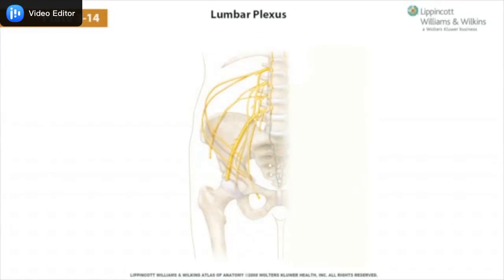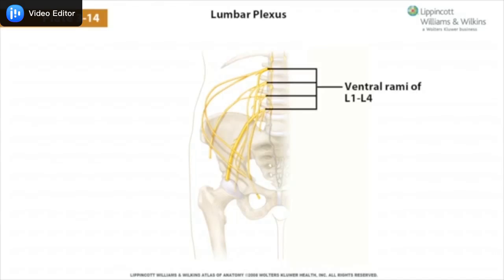The lumbar plexus was described in the solid anatomy lecture on the posterior abdominal wall. Briefly, this plexus is formed by the ventral rami of the first four lumbar spinal nerves. The ventral rami of L2, L3, and L4 split into ventral and dorsal divisions.